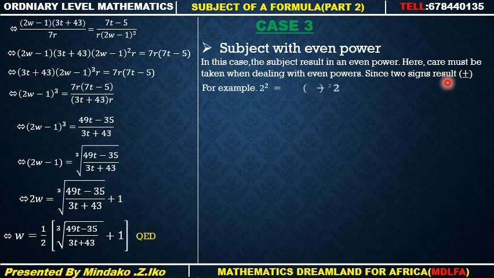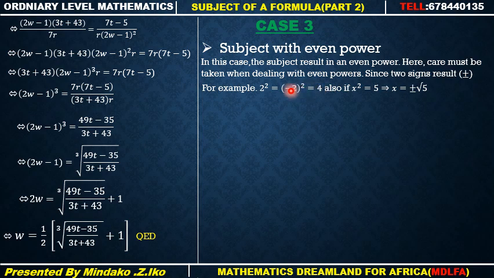Okay, let's say we have 2 power 4. This is the other case I was talking about, taking the negative of a number, then you cube it. Here we have 2 power 2. If I have negative 2 squared, that is equal to 4.